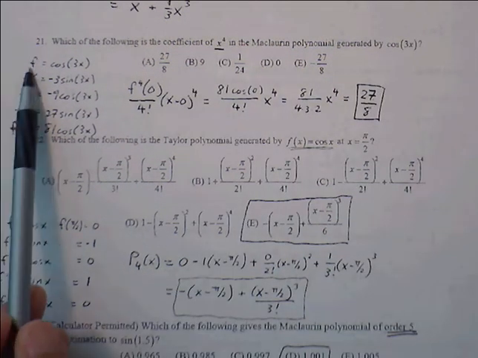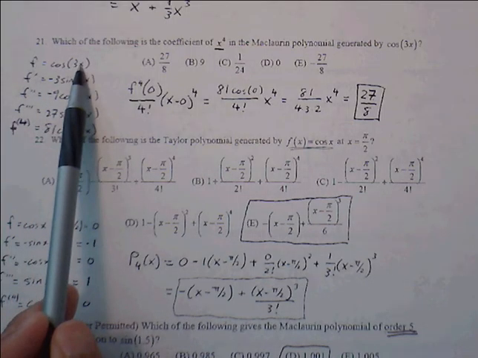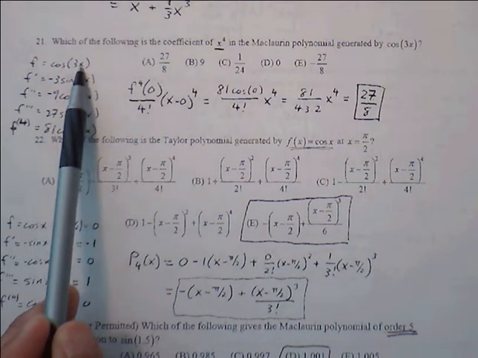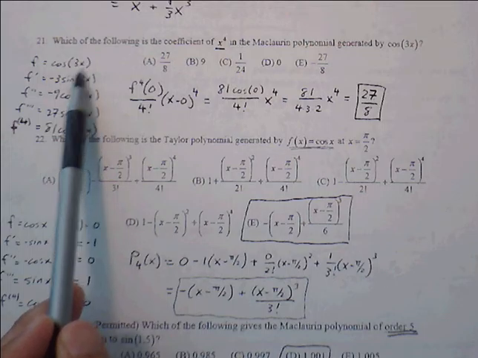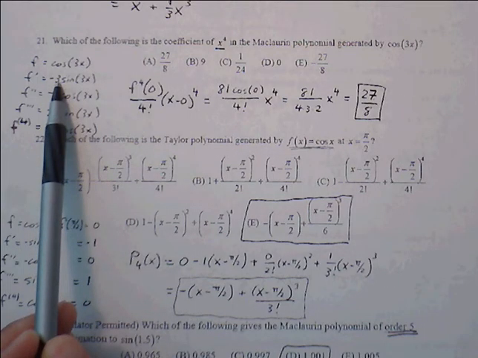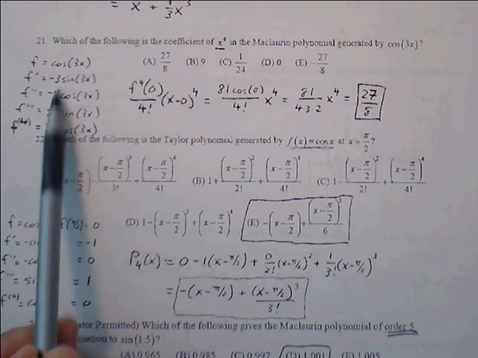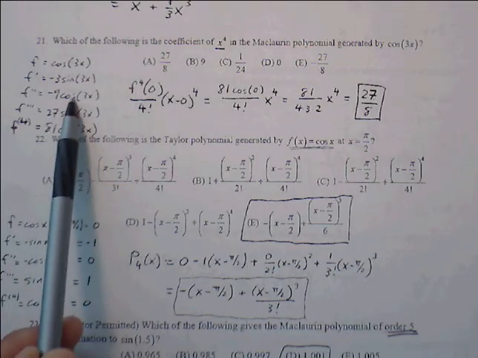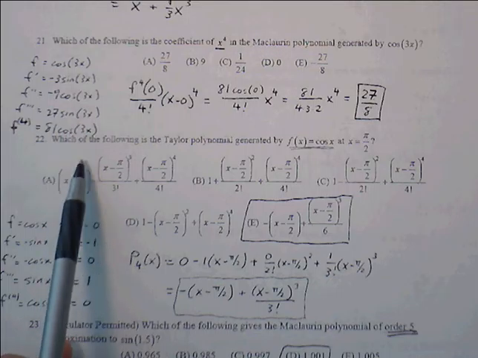We know that f of x is cosine 3x, and f prime is cosine of u times u prime: the derivative of cosine of u is negative sine of u times u prime, and since our u value is 3x, our u prime is 3. The derivative of sine is cosine, and then again the u prime, so we multiply by 3 again. Multiply by 3, multiply by 3. Cosine becomes negative sine, negative sine becomes negative cosine, and so on.